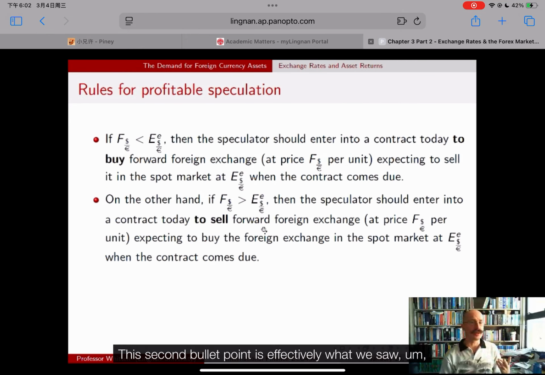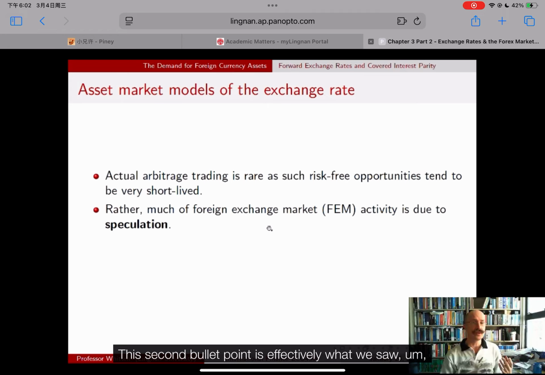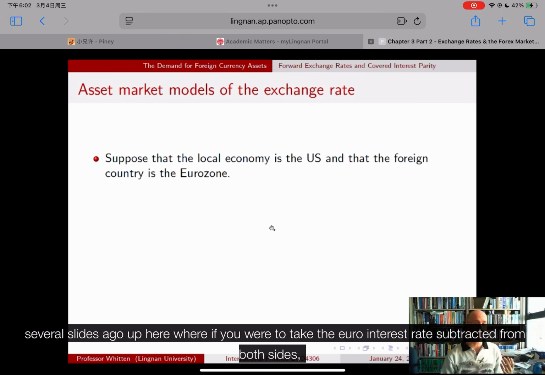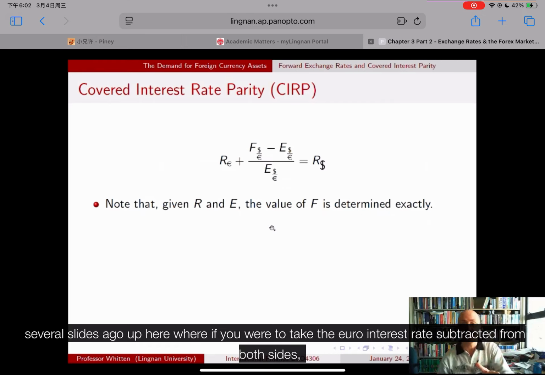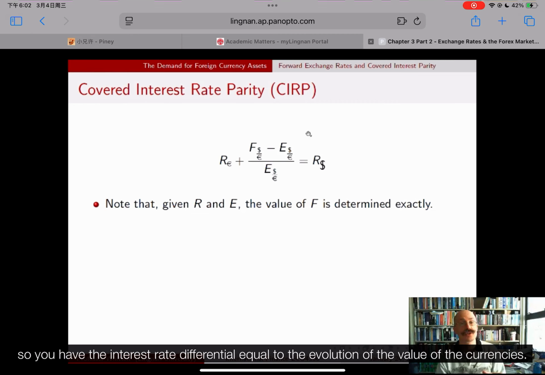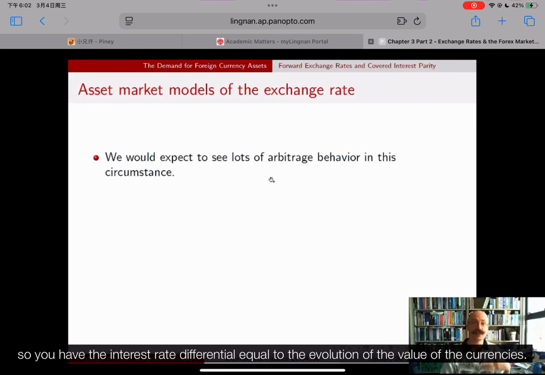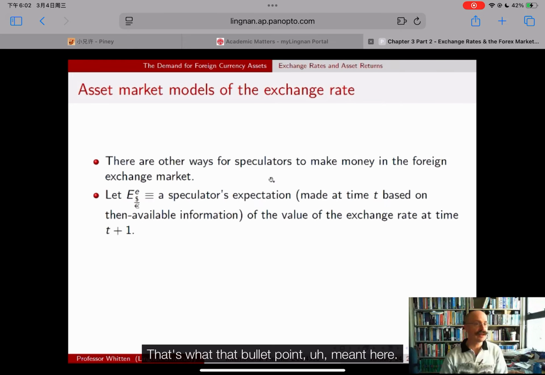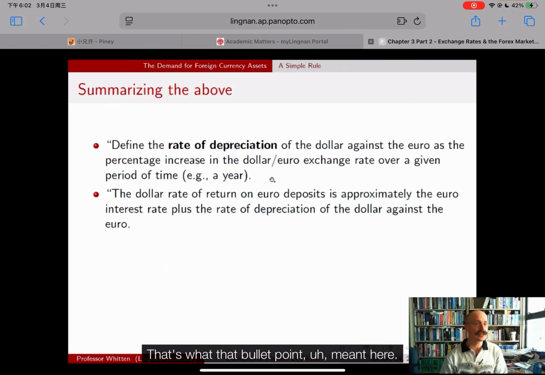This second bullet point is effectively what we saw several slides ago, where if you take the euro interest rate and subtract it from both sides, you have the interest rate differential equal to the evolution of the value of the currencies. That's what that bullet point meant here.